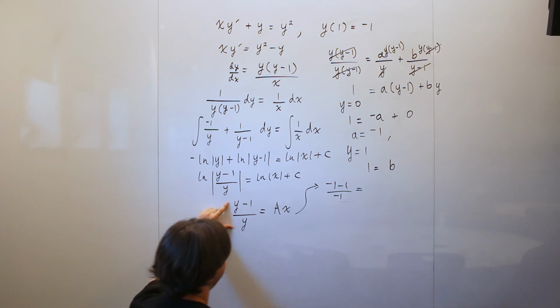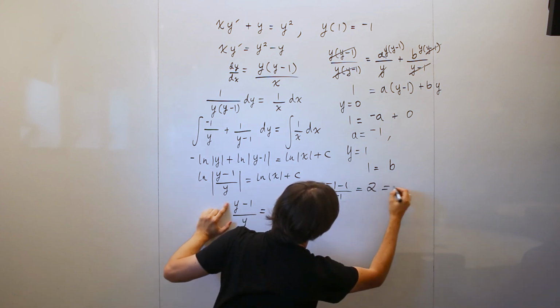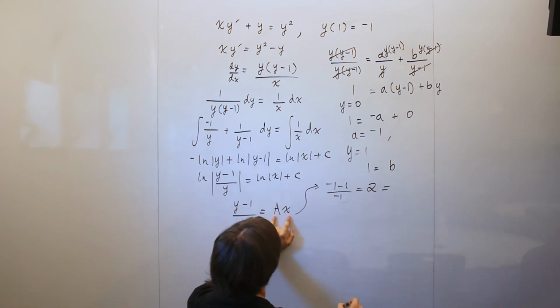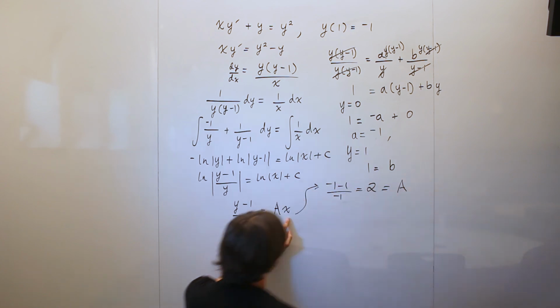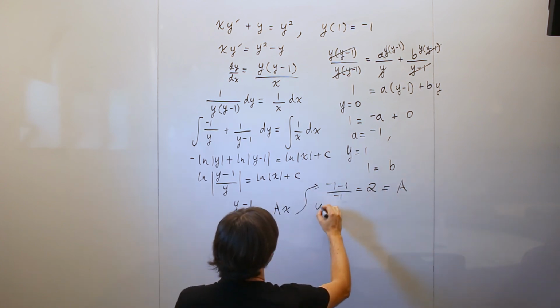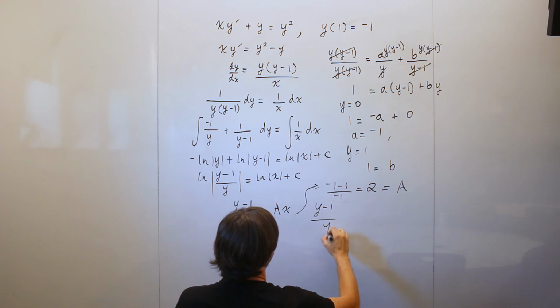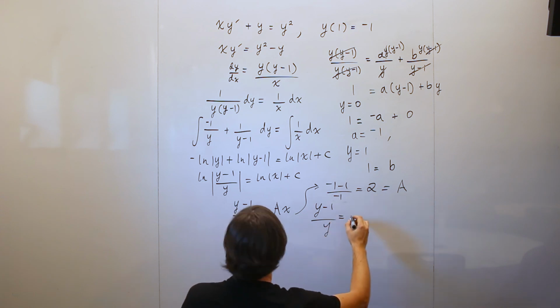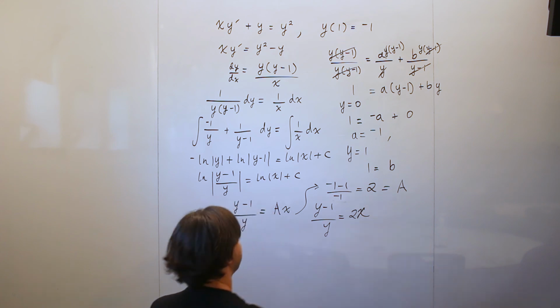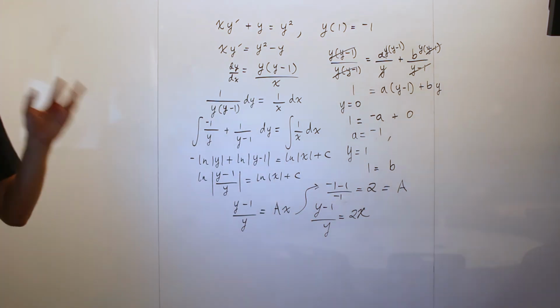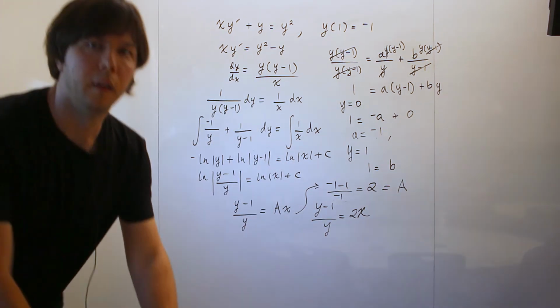That equals −2 over −1, which is positive 2. And then over here I have A times x, so A times 1. So there I've got it, and my solution is (y − 1) over y equals 2x. I could rearrange that, but it works just fine.